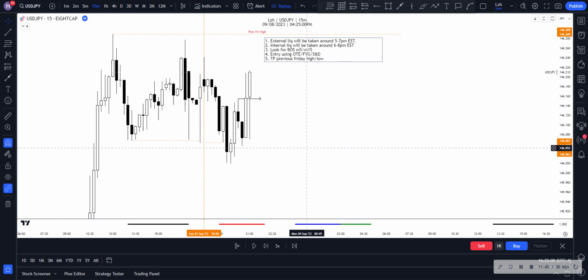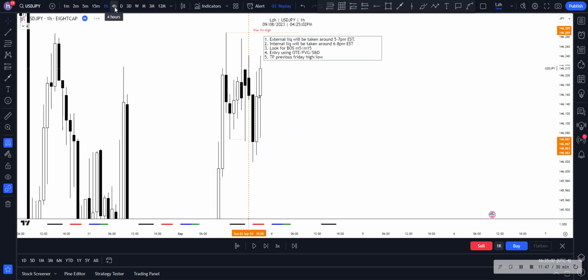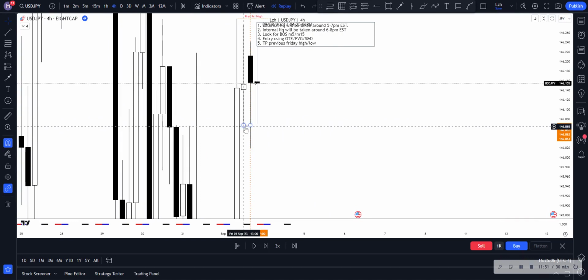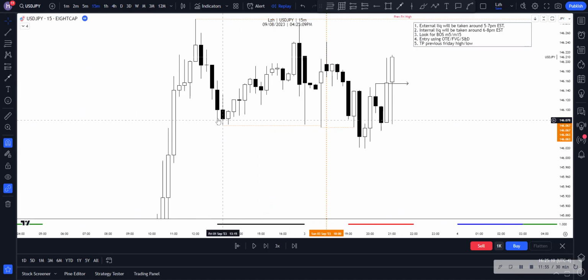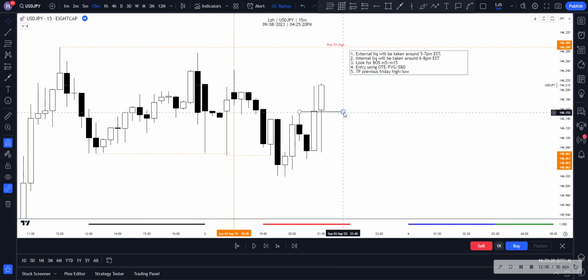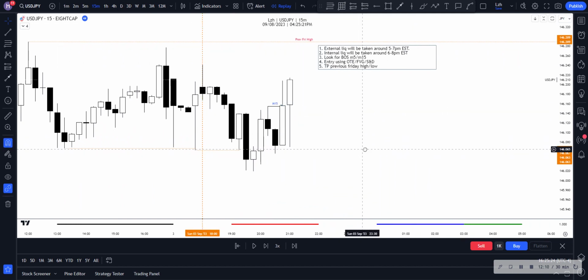If we look back at H1 or H4, you can see that the price actually liquidated the low. Whoever placed the stop loss over here on the Friday, thinking to go higher, they will get stopped out because all these are liquidity. So I'm going to mark this out as the M15 BOS.